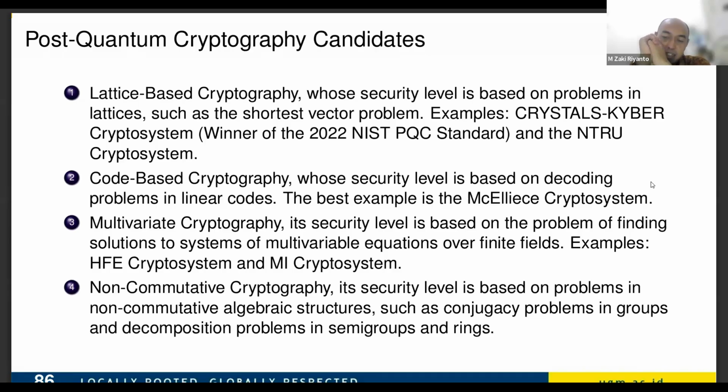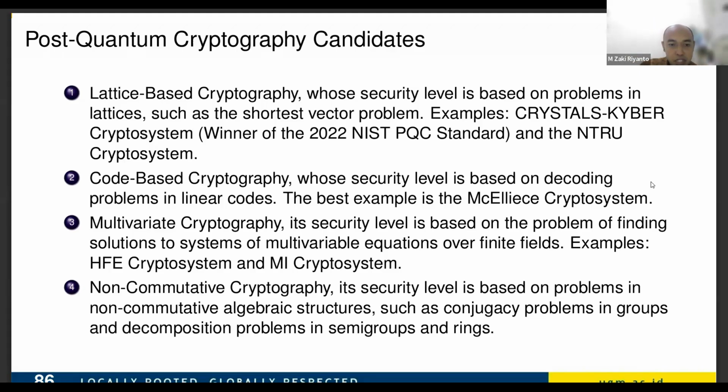McEliece was found in 1978 and is still very hard to break, even with a quantum computer. But there is an issue with the keys, which still need to be very big.